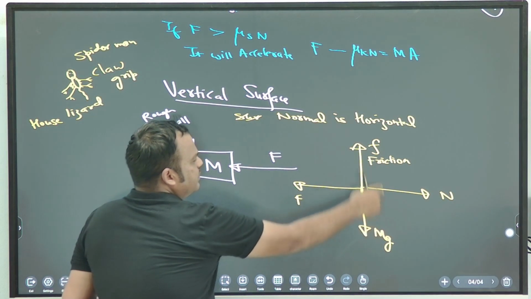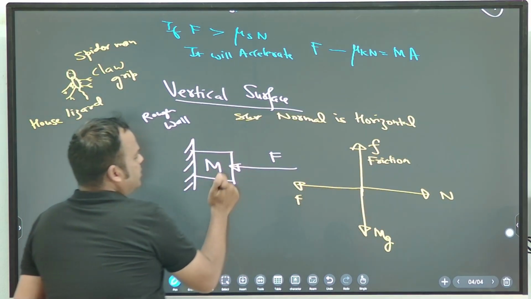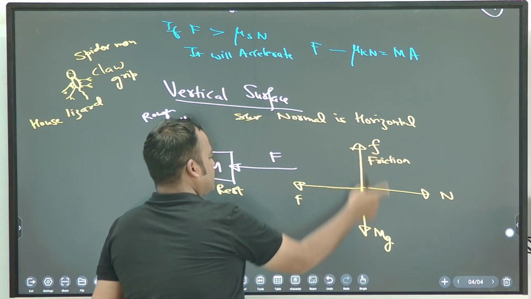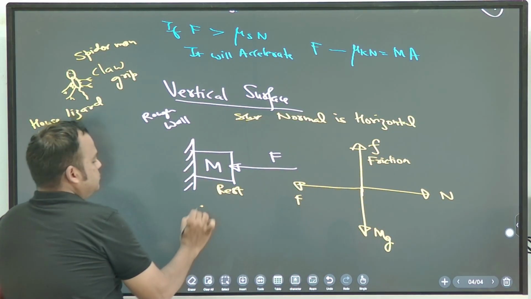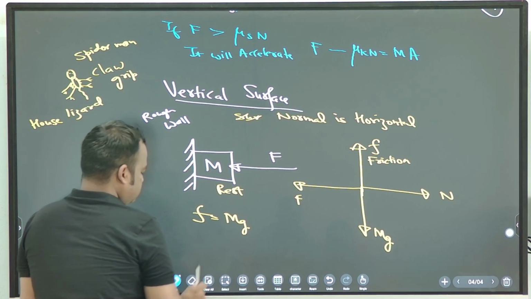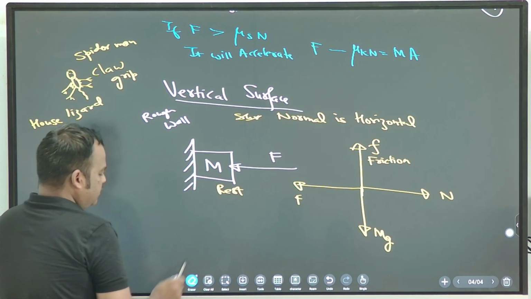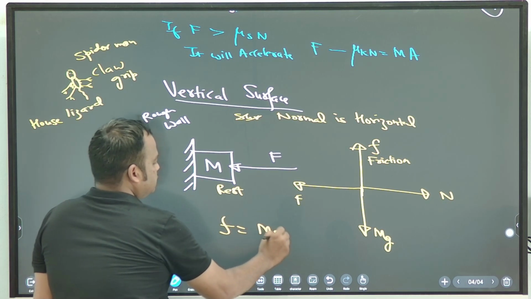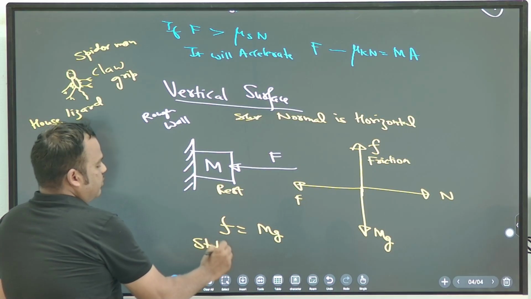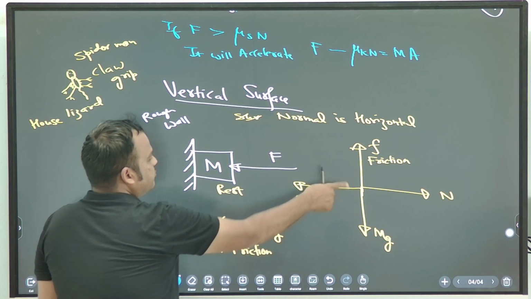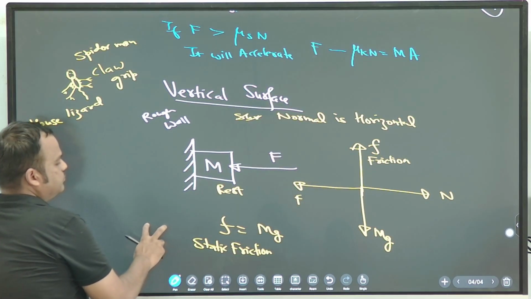Now you tell me, friction is how much? It is not falling, it is at rest. So friction is mg. Is friction static or kinetic? Static. Note down: static friction is mg. Direction of static friction is upward.